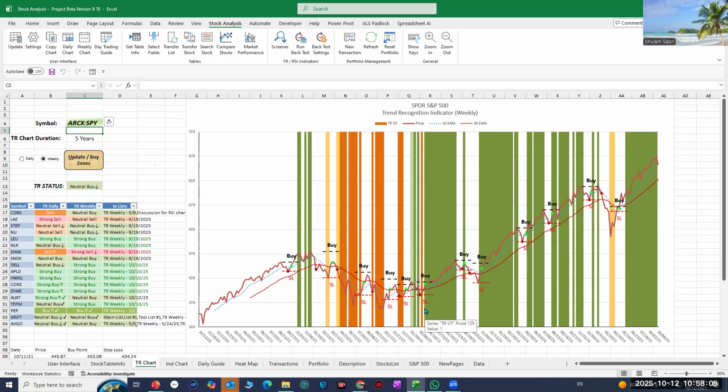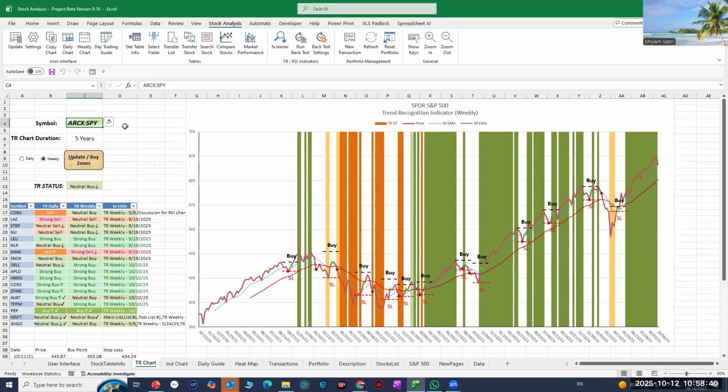In fact, this TR chart works very well on the weekly chart for SPY. Every time there is a strong green zone, with the exception of maybe this one, even here, your stop loss was here. So it comes down, you stick with the S&P 500, and as long as the green zones remain there, or a pullback to this 10-week line or 30-week line does not appear, you are good to go.